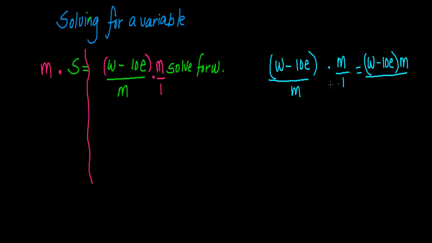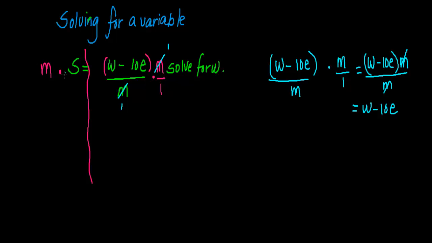And in the denominator, this becomes m times 1, which is m. Notice I have m in the numerator, m in the denominator, so that's why I can cross these out and they become a 1. And 1 times anything is anything, so this will come out to be W minus 10e. Okay? So that's why I can cancel out m, and it becomes 1. M divided by m is 1.